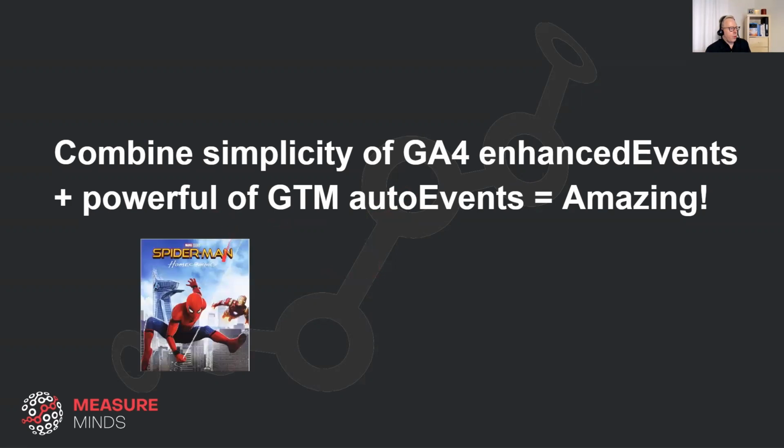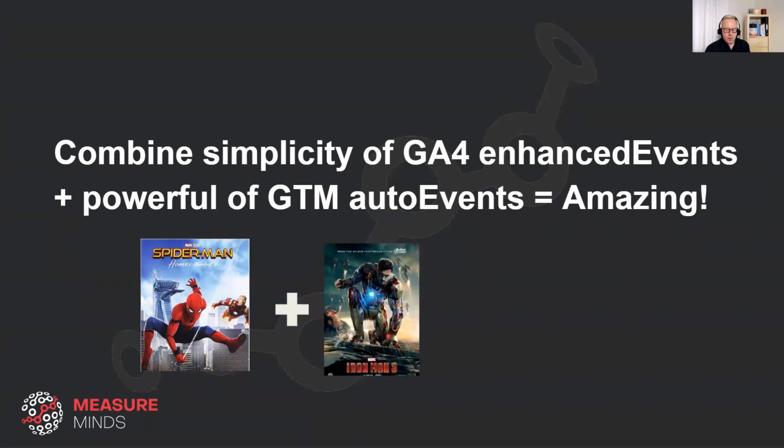So what we're really trying to achieve here is combine the simplicity of GA4 enhanced events with the power of GTM auto events and things like CSS selectors, HTML5 elements, and just basically tracking anything that needs to be done as part of a custom setup.